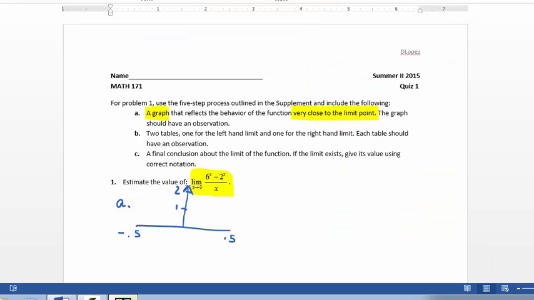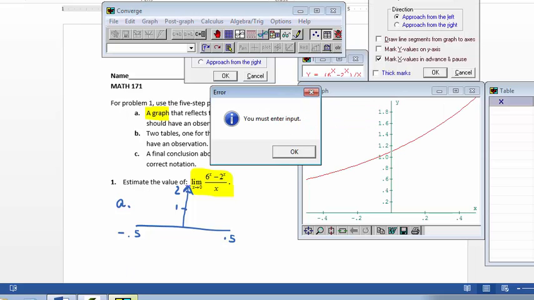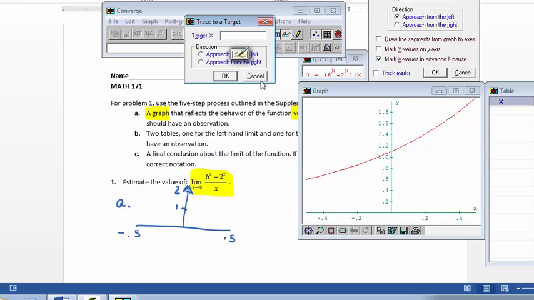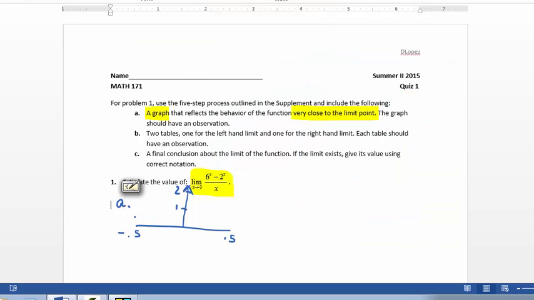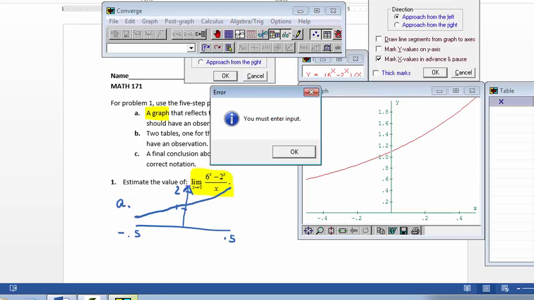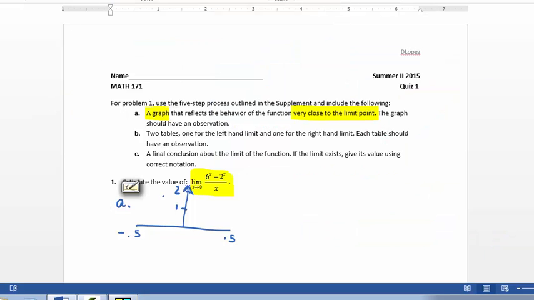Just give a little sketch. It looks something like this. And the limit there, that should be an open circle, was right around 1.1.